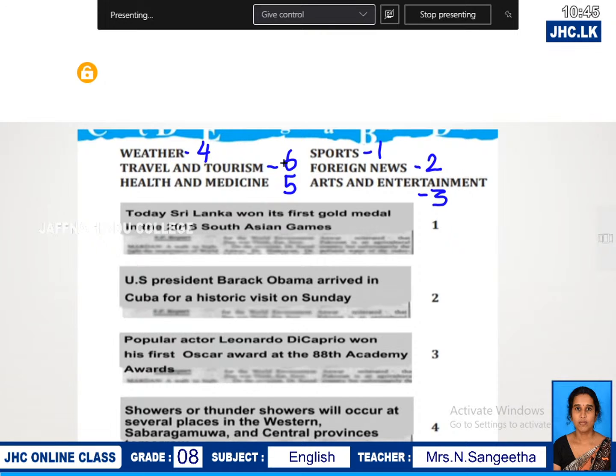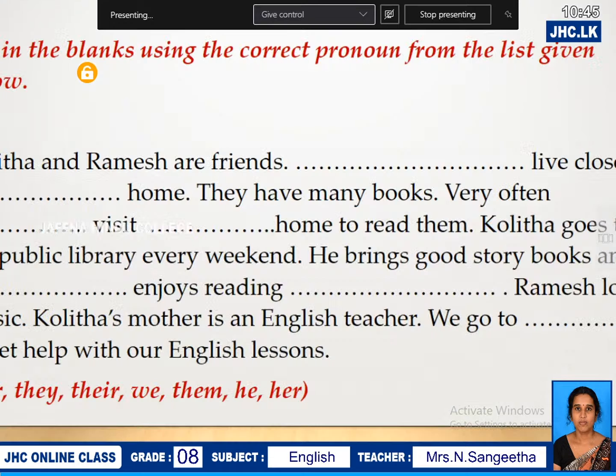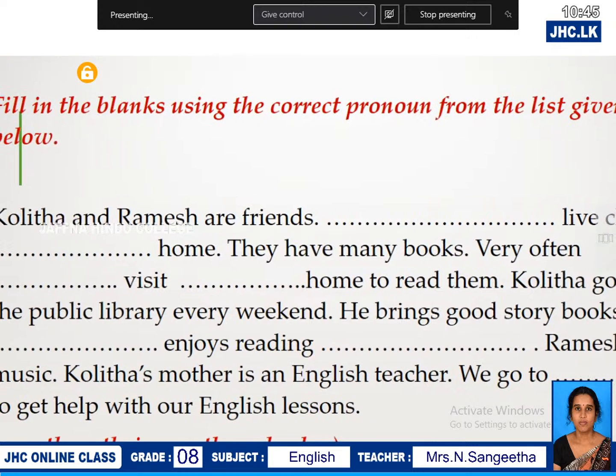Right. Then there's an activity as a revision that you have studied last term.